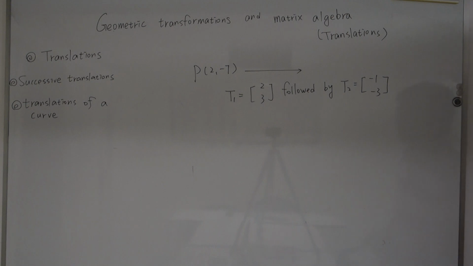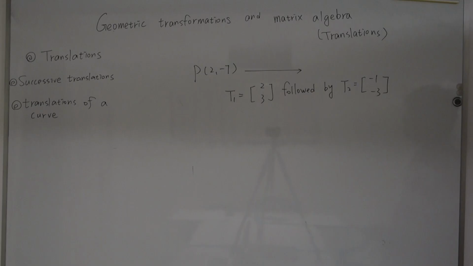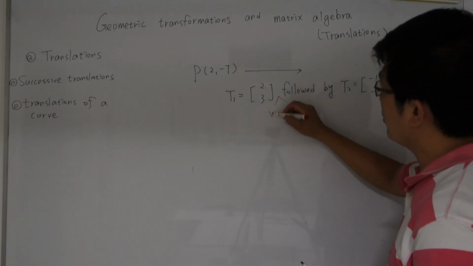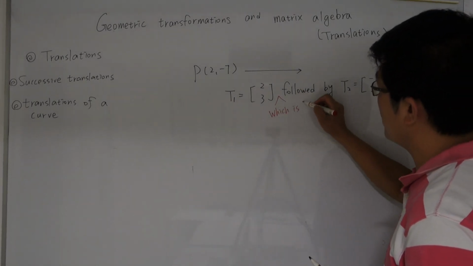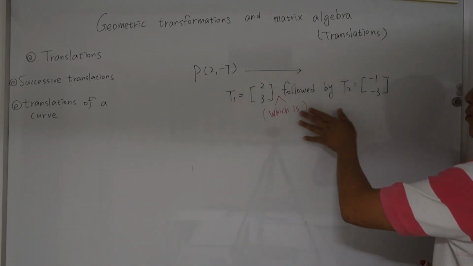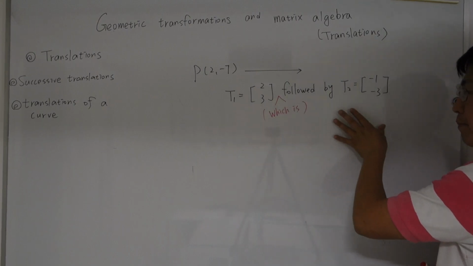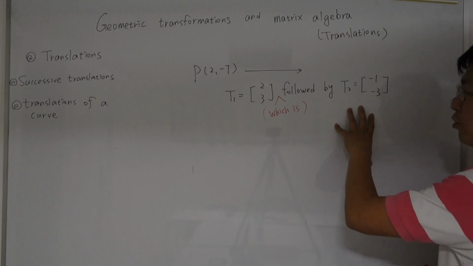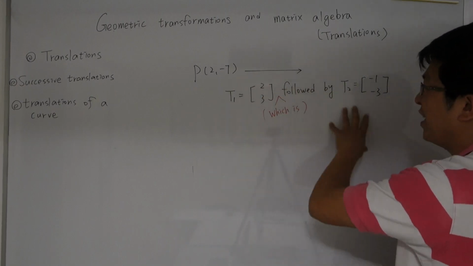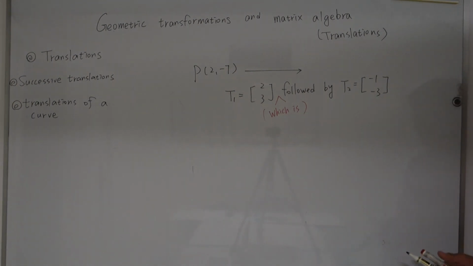Okay, I ask you a question. T1 followed by T2. Do you do T1 first or T2 first? Be careful. Here is T1, which is followed by T2. This one is followed by this one. A is followed by B. It means T2 follows T1, right? T2 follows T1, it means we do T1 first. Be careful with the question here.